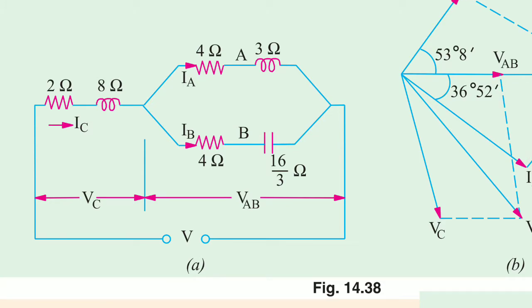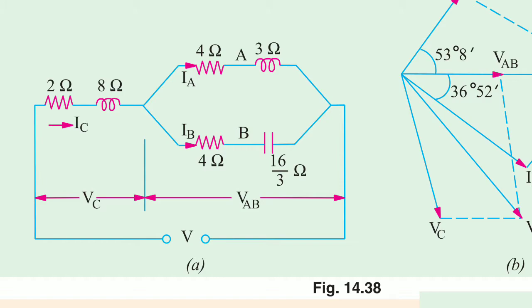Now the branch C voltage across the impedance of 2 plus J8 ohms is VC, and the AB branches voltage is VAB. Here IC is divided into IA plus IB, V is divided into VC plus VAB.